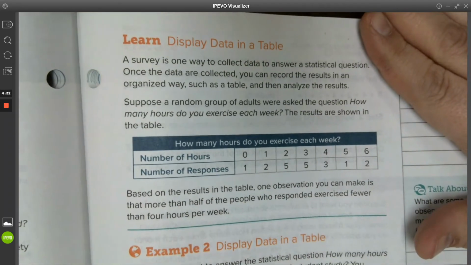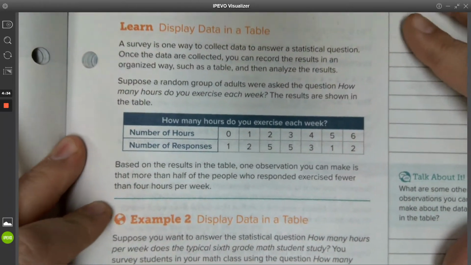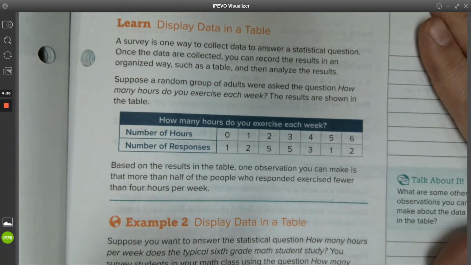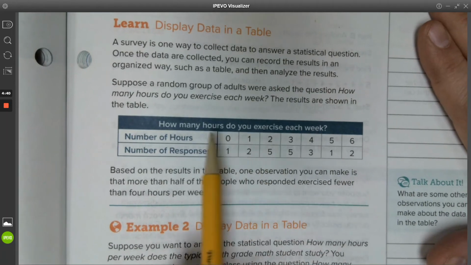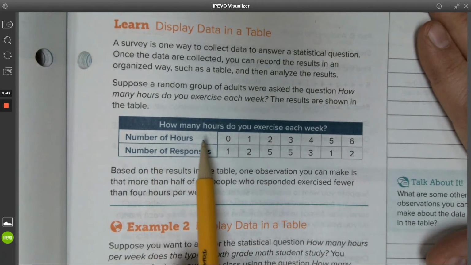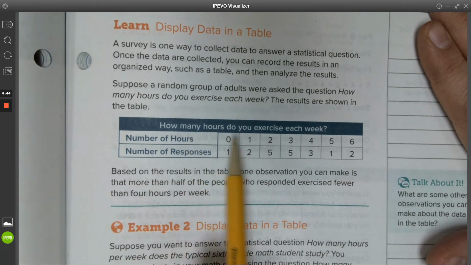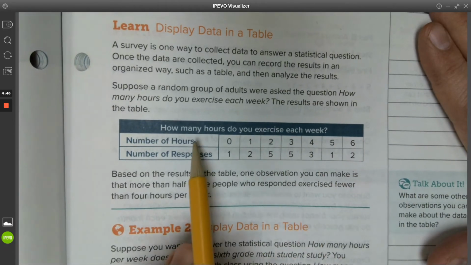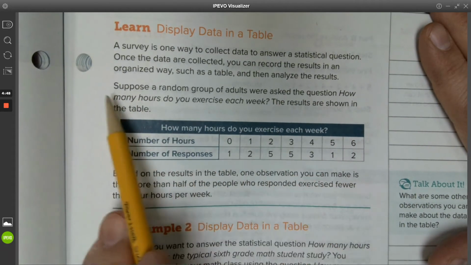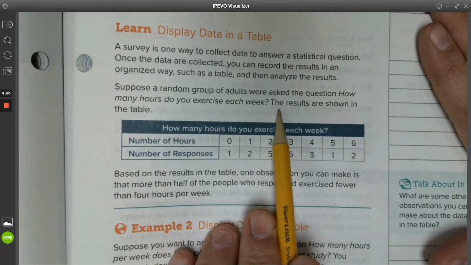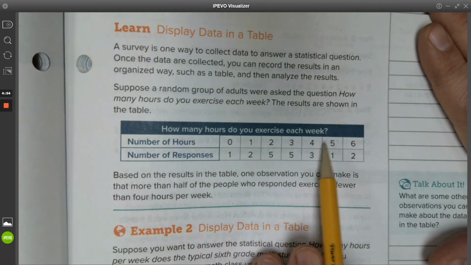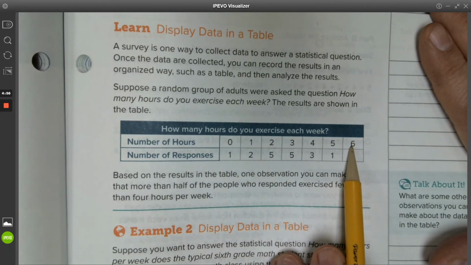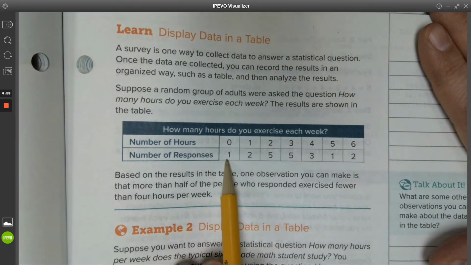Now, once we have that data, once we've collected it, we can then display it. So one way to do that is to display it in a table. So as I've asked people, okay, I can then create a table. So if we ask, how many hours do you exercise each week? We can put it into the table, 0, 1, 2, 3, 4, 5, and 6 hours of activity. How many people said 0?